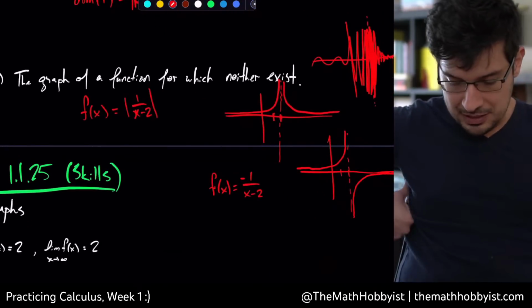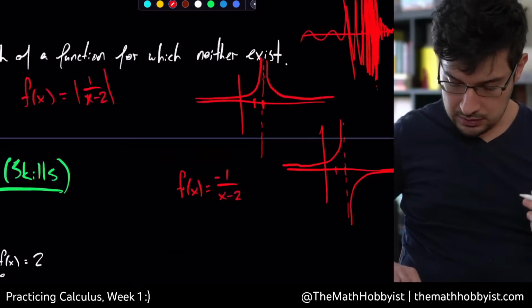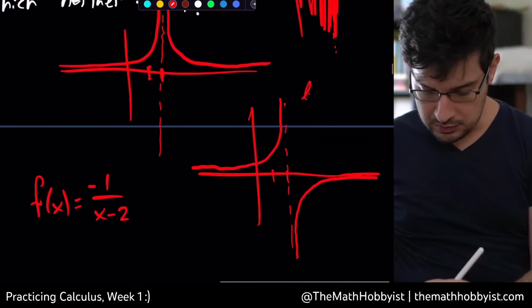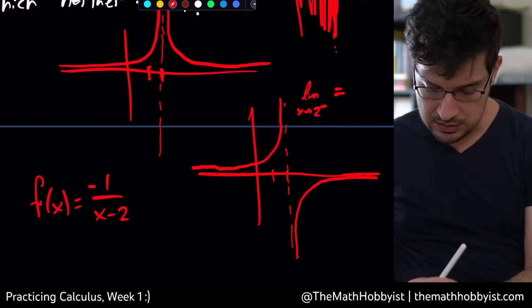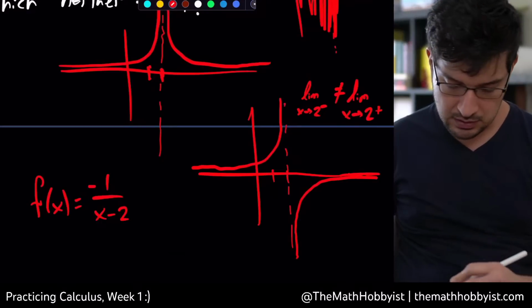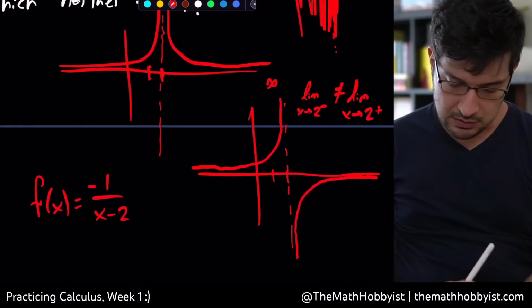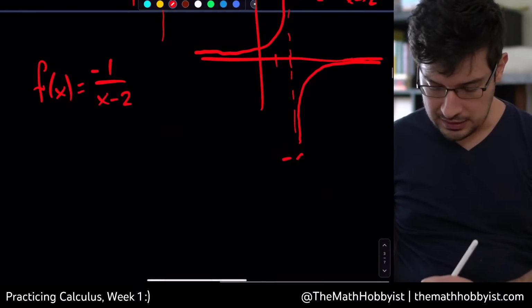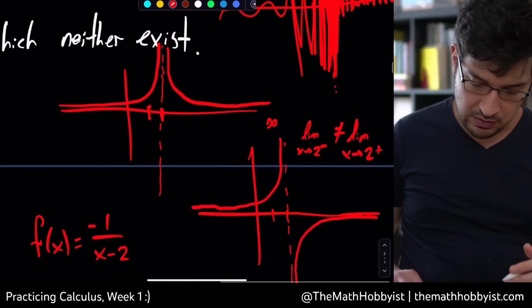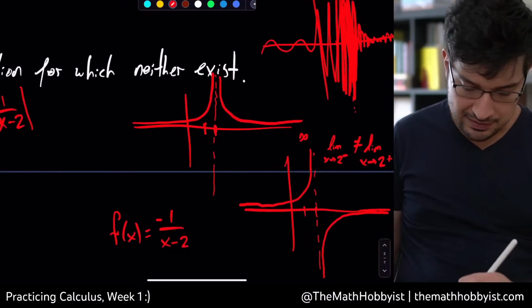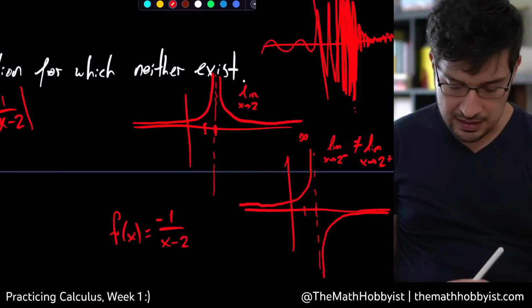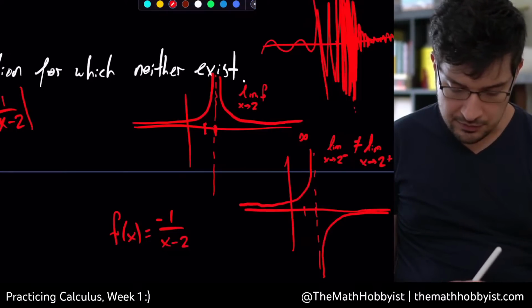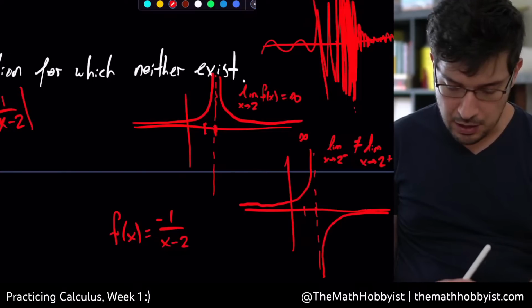So the limit doesn't exist. In this case, the limit as x tends to 2 from the left does not equal the limit as x tends to 2 from the right. From the left, it tends to positive infinity. From the right, it tends to negative infinity. Whereas in this case, the limit as x tends to 2 of f of x is positive infinity.